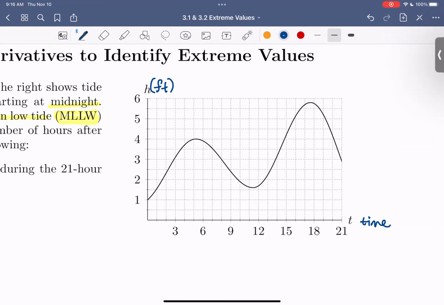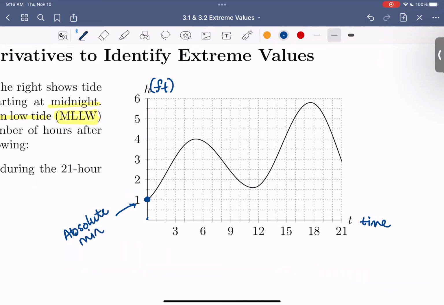So then first, let's identify the global or absolute maximum and minimum values. So we see that on this interval from 0 all the way to 21, that our lowest point, our lowest tide occurs at midnight. So here, this first point would be the absolute or global min.